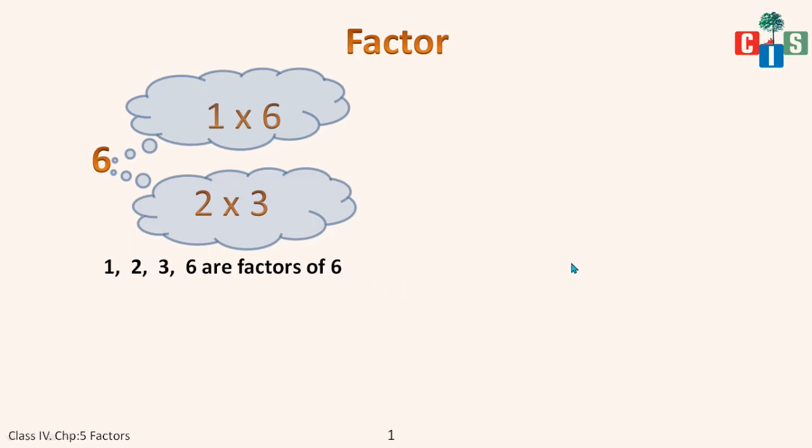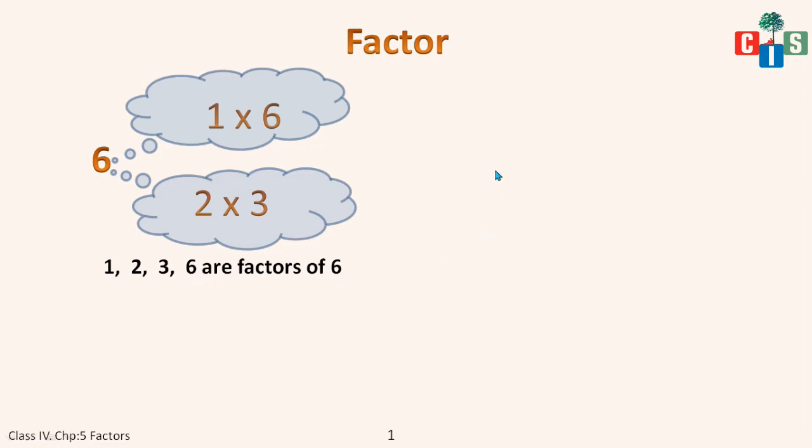This can also be seen in a different way. If we divide a number by any of its factors, the remainder is 0. Do you remember that I explained this in the previous video? Here we have 6 as a number and its factors are 1, 2, 3 and 6, so we will check that statement.